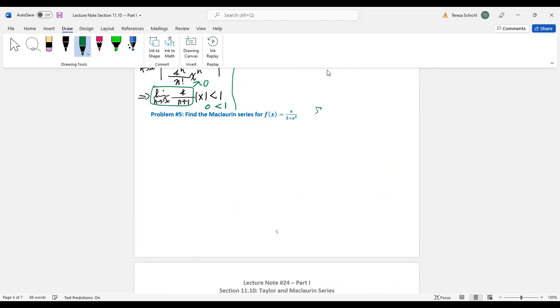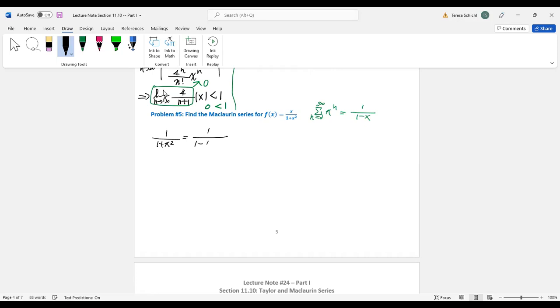So I still know the summation n from 0 to infinity of x to the nth power, by the geometric series, so it's 1 over 1 minus x. So the first one here, you will have 1 over 1 plus x squared.